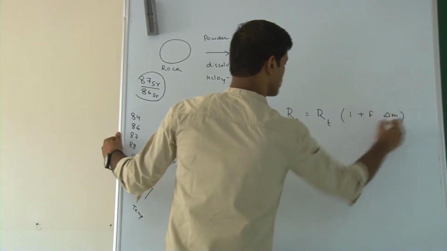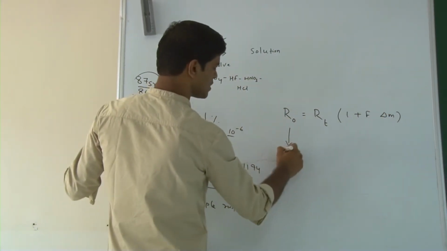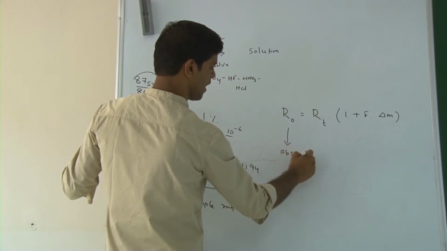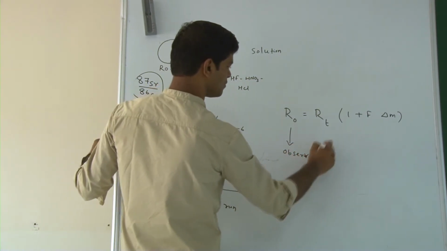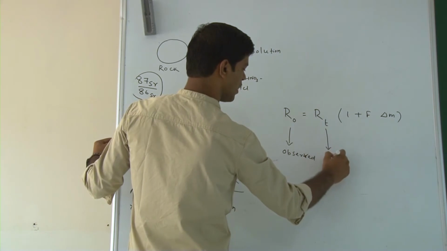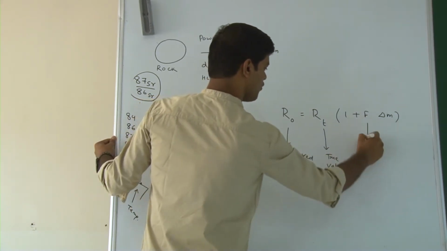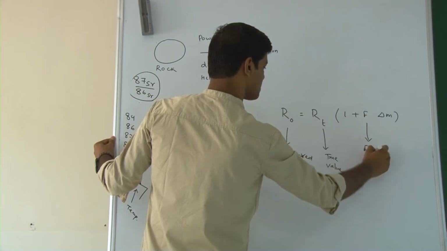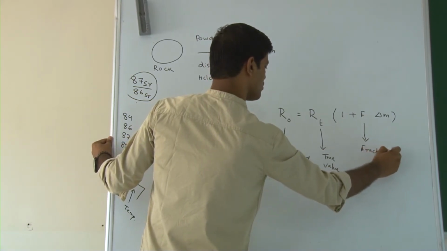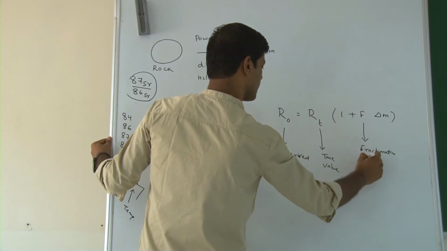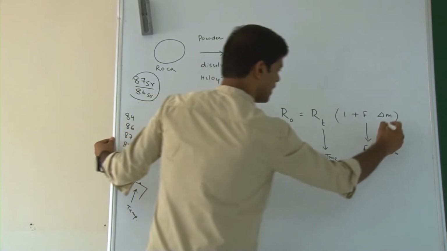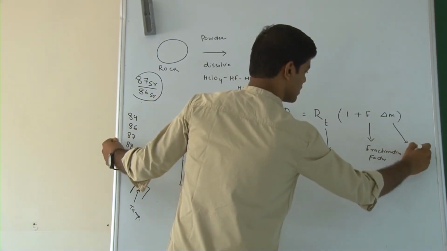So, this is the equation. R0 is the observed isotopic ratio, RT is the true value of the isotopic ratio, F is the fractionation factor, and delta M of course is the mass difference.